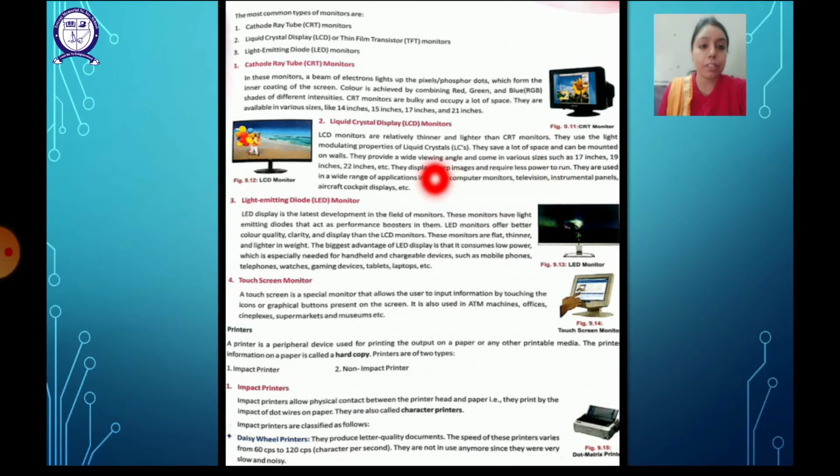They save a space, can be mounted on the walls. They come in various sizes, but nowadays the latest technology which is being developed, this is the LED monitors, and they have the diodes. They are much thinner and lighter in weight, and they are needed for the handheld and rechargeable devices like mobile phones, telephones, watches, like these. Okay, they consume very less power.